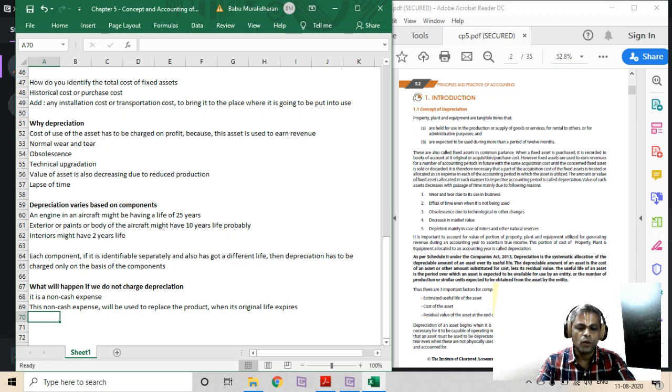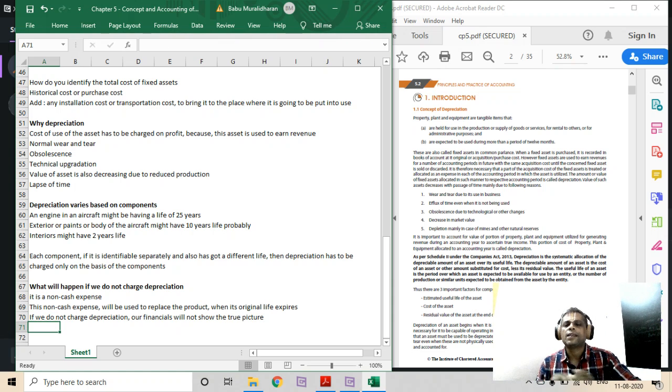Moreover, if we do not charge depreciation, our financials will not show a true picture. Financials have to show a true picture, right? When there is production, when goods or services have been used to earn revenue, all the expenses related to that revenue have to be charged, right?